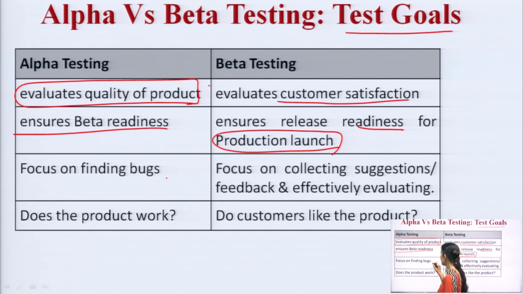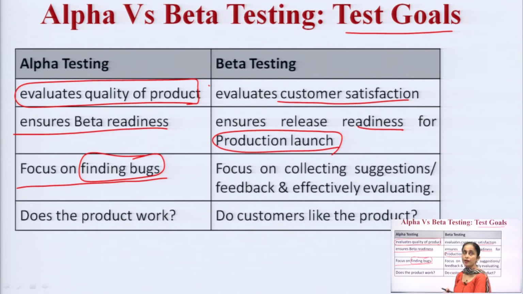Then the aim of alpha testing is to find as many bugs as possible, to go inside the logic of my written software, and the focus in beta testing is to collect suggestions and feedback, to see how effective the logic is, and how we can cater to that feedback.